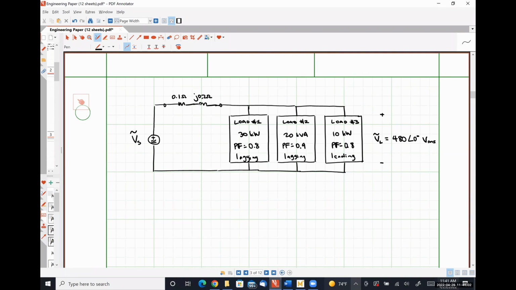Our goal here is to determine the power factor at which our source is supplying power to this system. PF Vs applied.